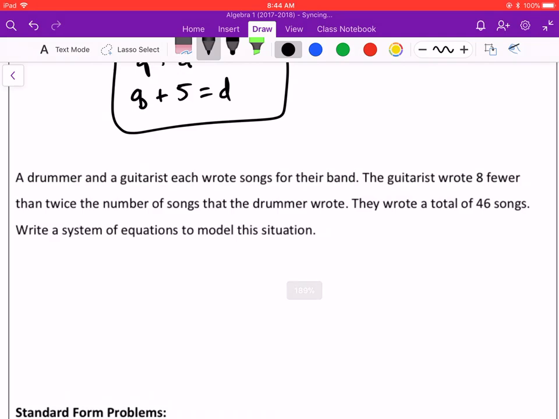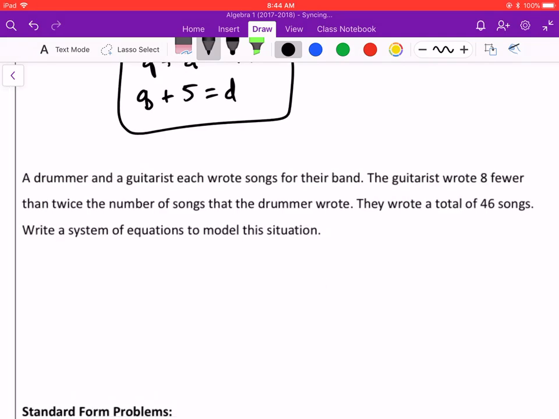All right. Hopefully we tried it on our own, but here we go. We know there's 2 things, right? We know there's a drummer and a guitarist. There's always two situations. There's always like an X and a Y, a Q and a D like above, right? Now, if I write the equation, we'll use D for drummer and G for guitarist, okay?